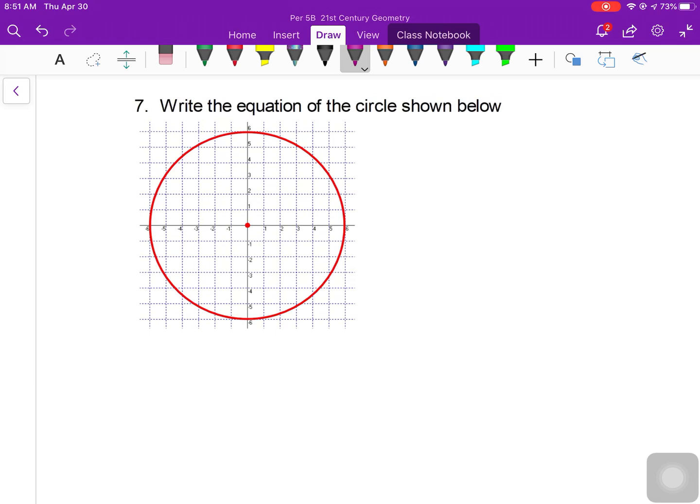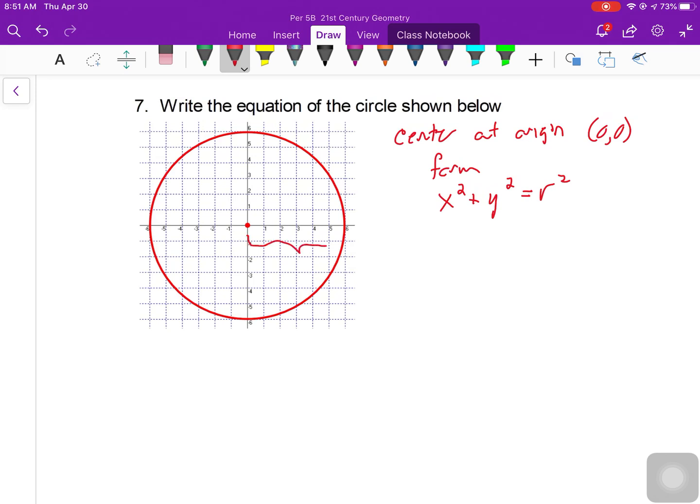Let's go ahead and try one. So this is one of those problems where the center is at the origin. So it's going to be of the form x squared plus y squared equals r squared.